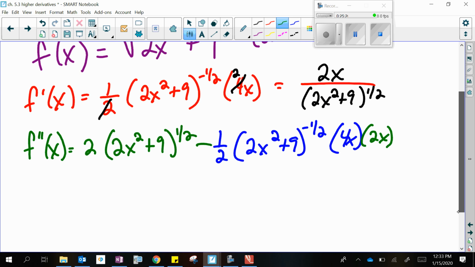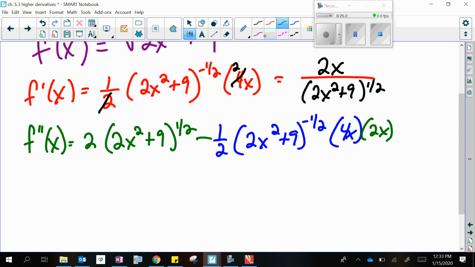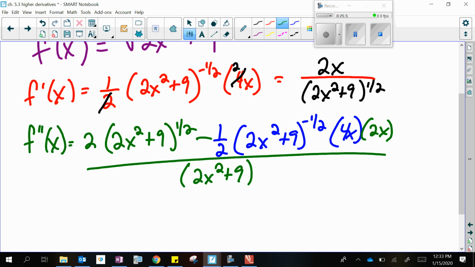And then we don't want to forget our all over the bottom squared. So actually 2x squared plus 9 to the 1/2 squared is going to be what? To the first, yeah.